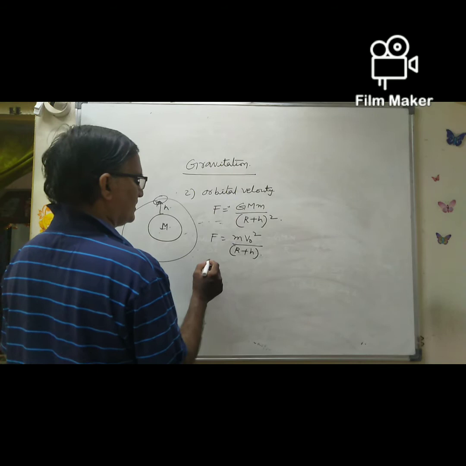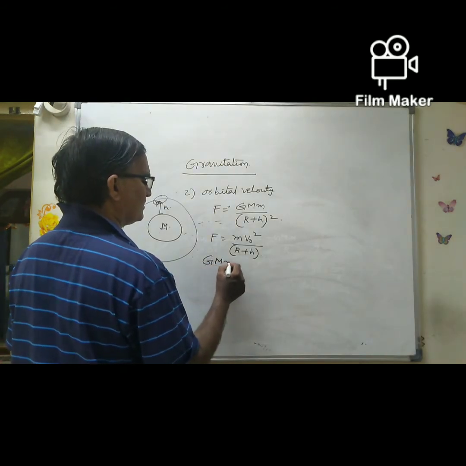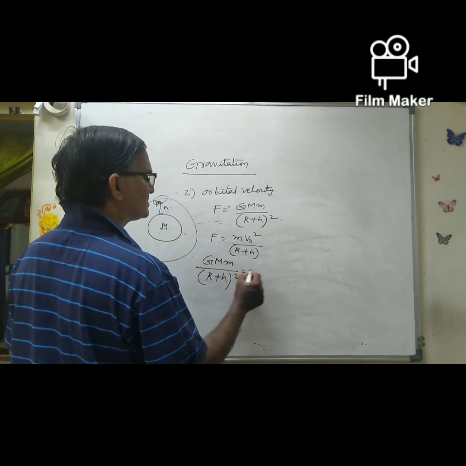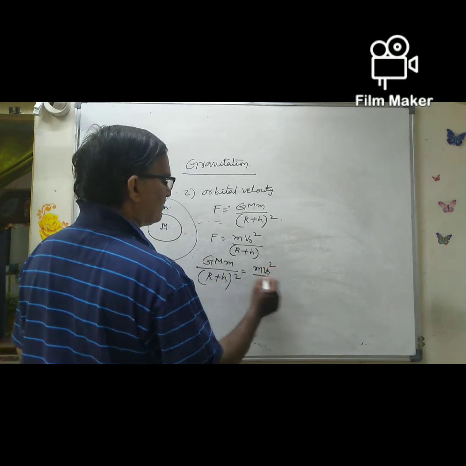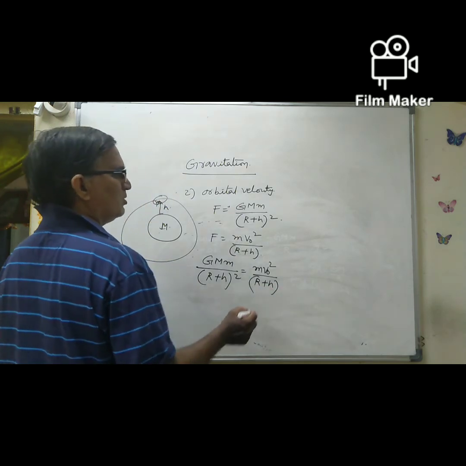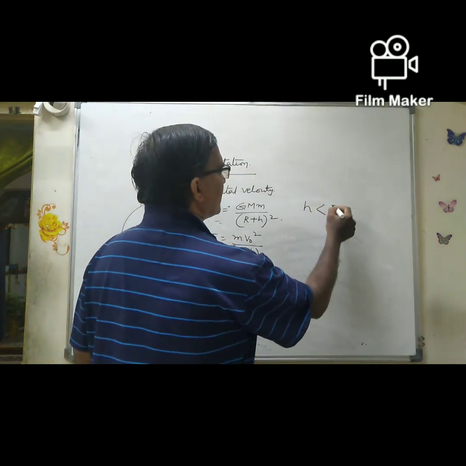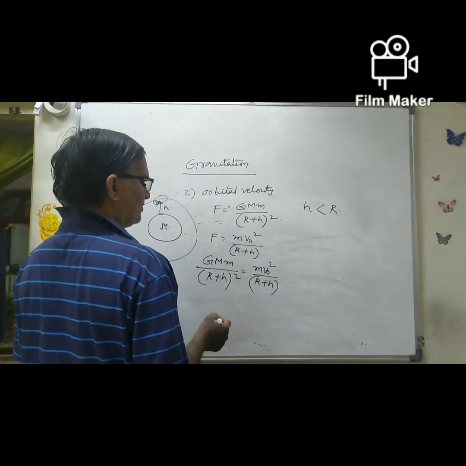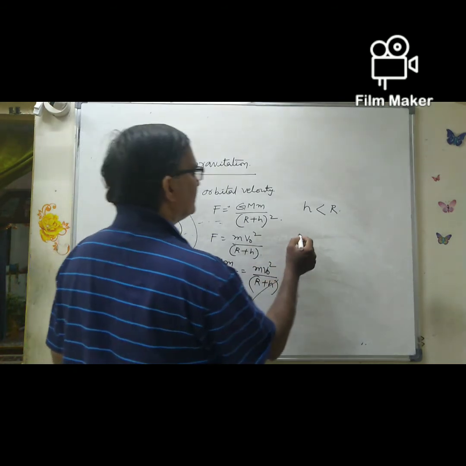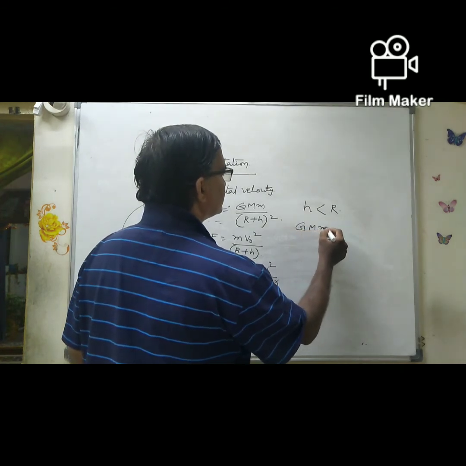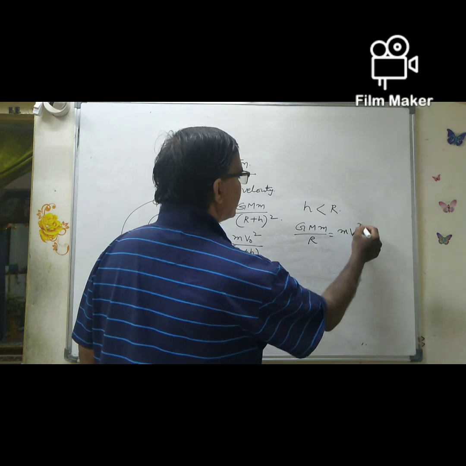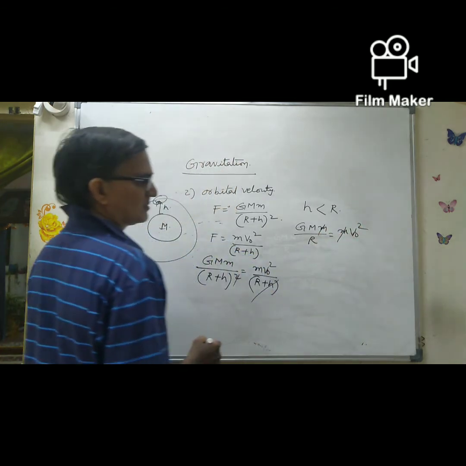Now under ideal conditions, under equilibrium condition, both are balanced: m v naught square by (R plus h). Now we consider h is very much less than R, so we can neglect it. So GMm by R square is equal to m v naught square by R. m cancels.